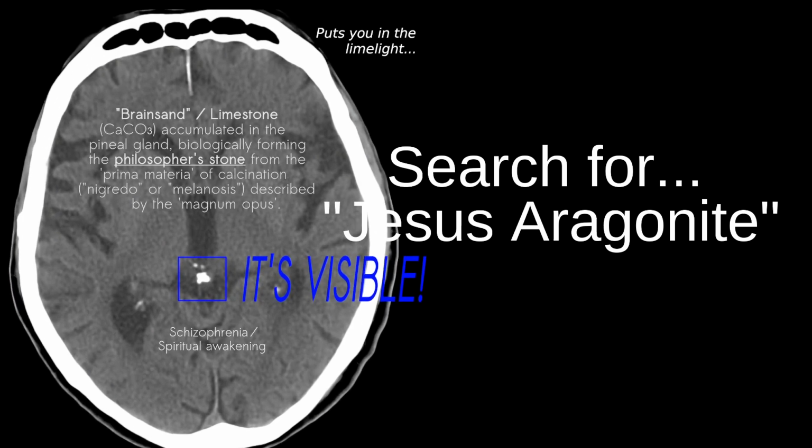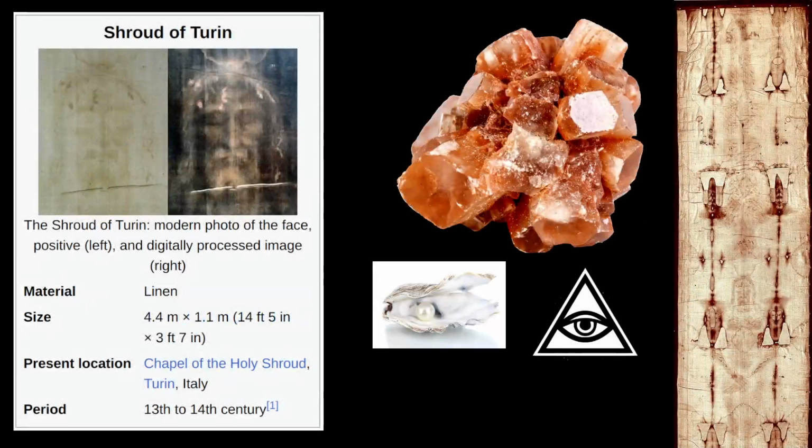And so I got the idea, let's just search for Jesus and Aragonite, because I know that Jesus represents vision and the all-seeing eye. It somewhat represents that when it comes to Jesus Christ. So I decided, let's search for that, and that's the way I found this, right?